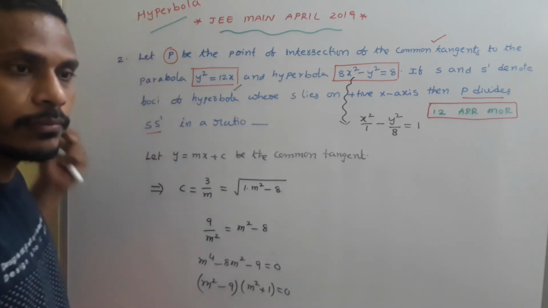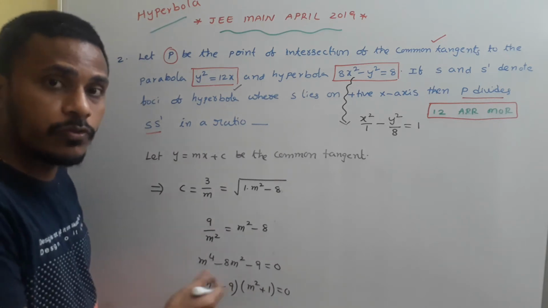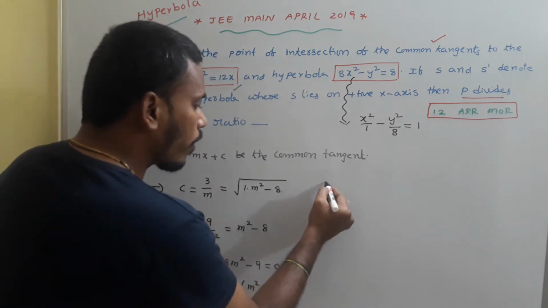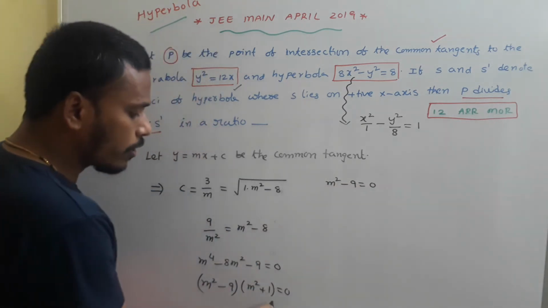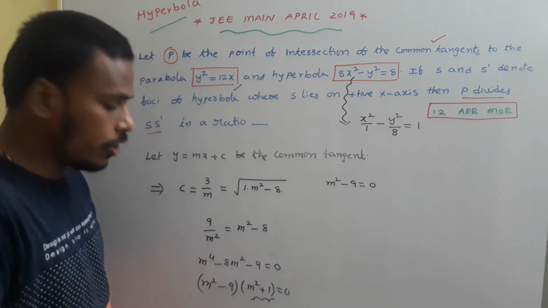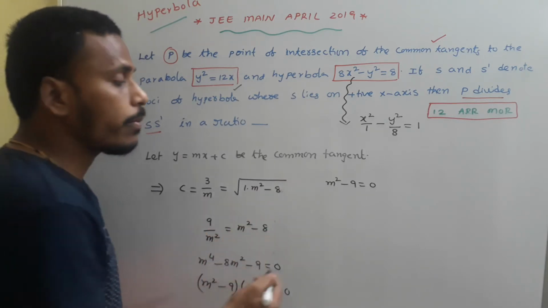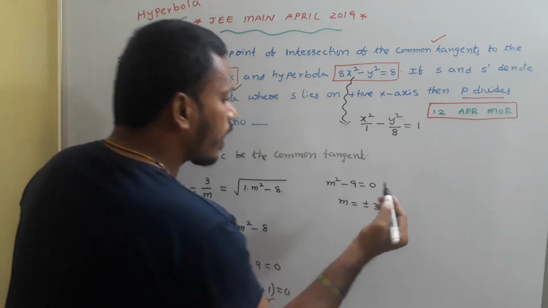Is it right? If you factorize this, we have m square minus 9 into m square plus 1 is equals to 0. Because m square plus 1 is always a positive quantity, it won't become 0 for any real m. So m square minus 9 is equals to 0, m is equals to plus or minus 3.